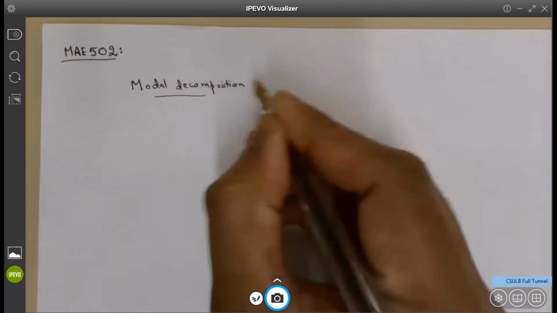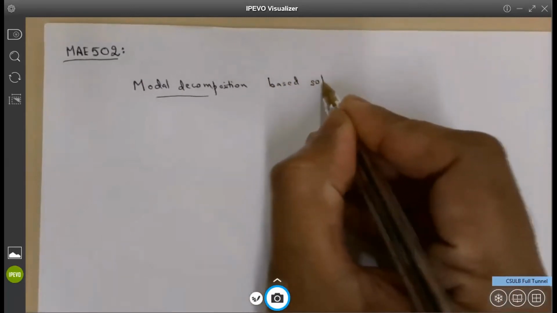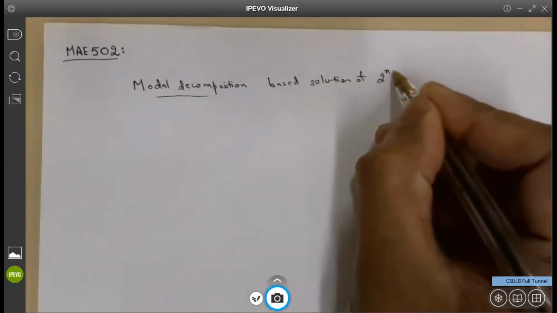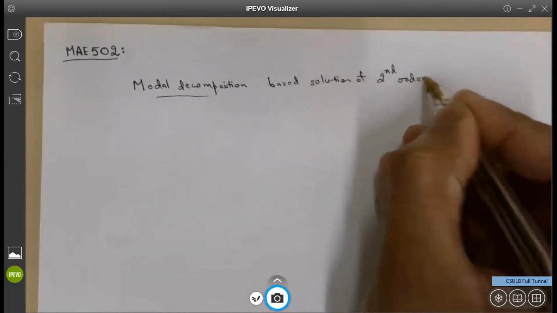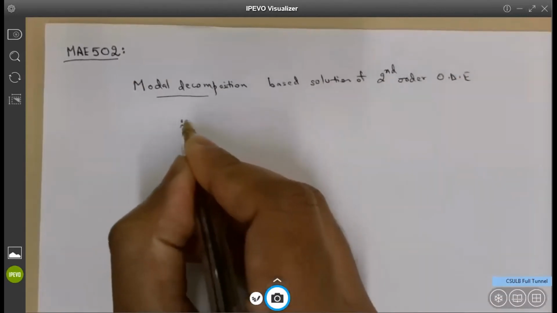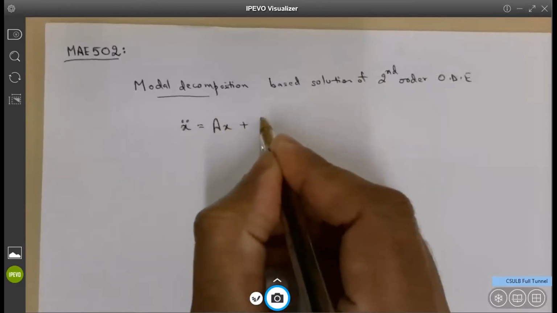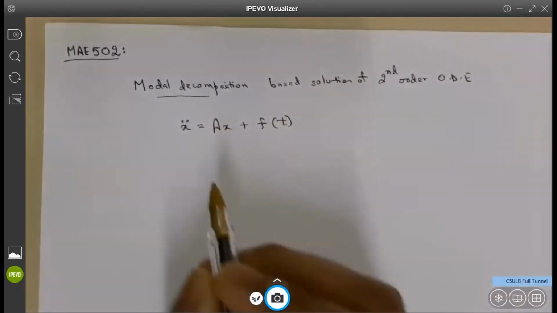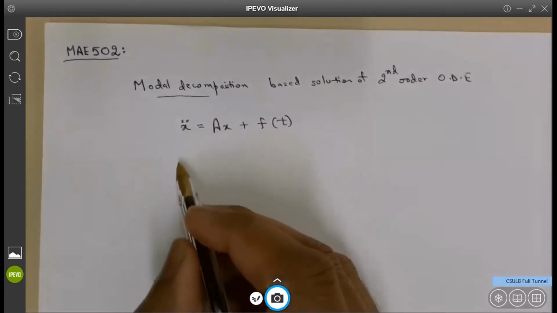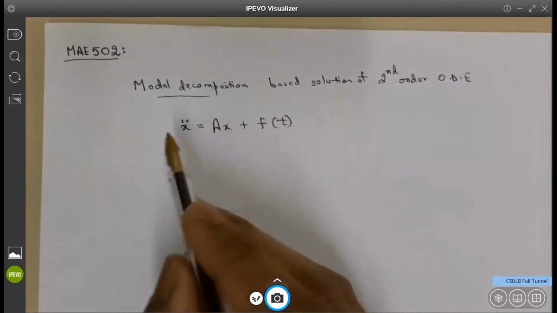based solution of second order ODE. So we saw that if we have a system of equations given by this form where X is basically a vector, it can have as many dimensions as possible.